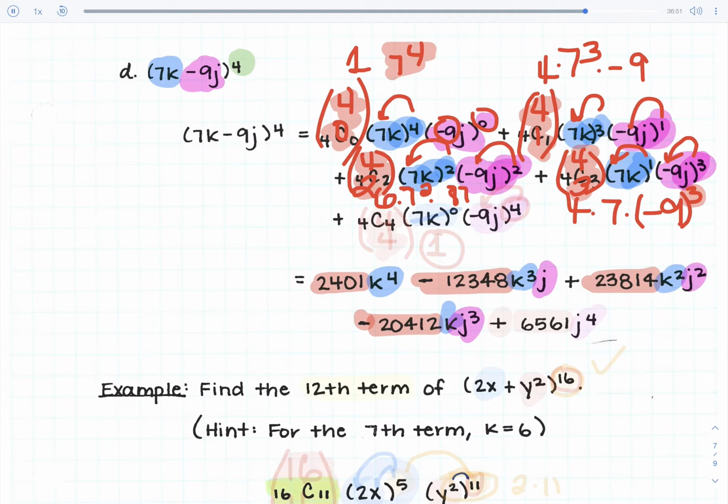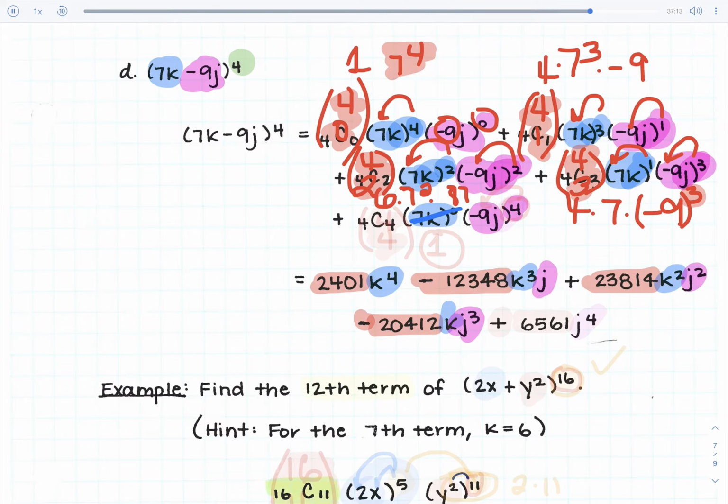Last piece. Our last piece is going to take our 7k and raise it to the 0. Remember, anything raised to 0 is just 1. That whole piece will just vanish. There's no k's and no 7s. But we will have a negative 9j to the 4th.